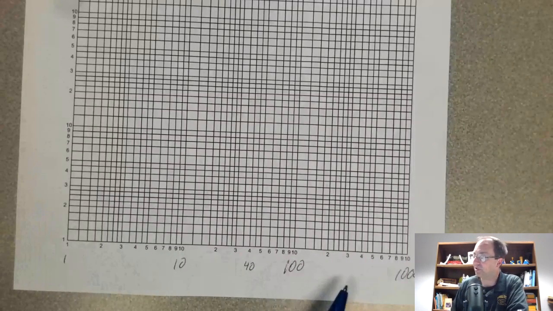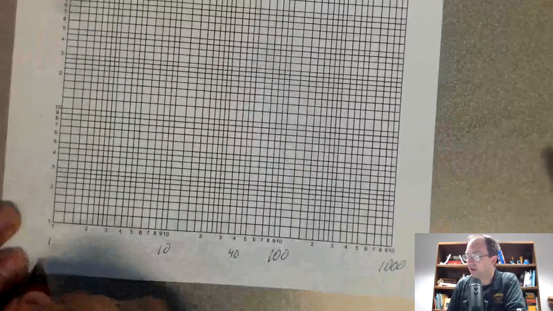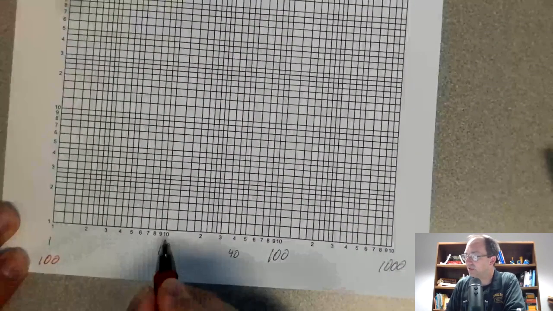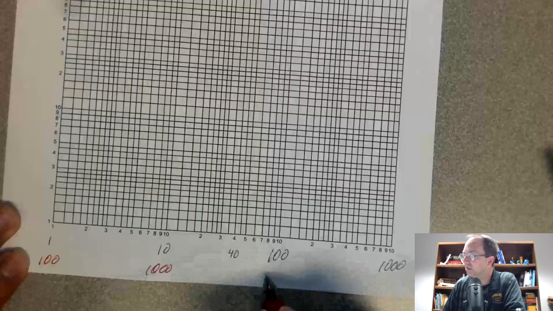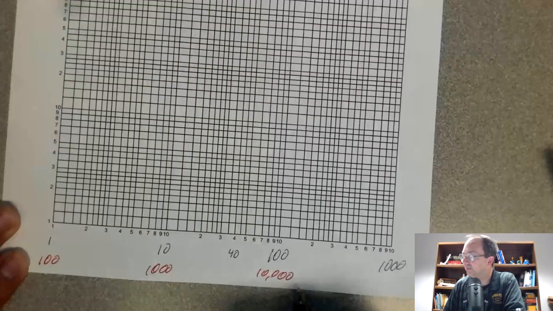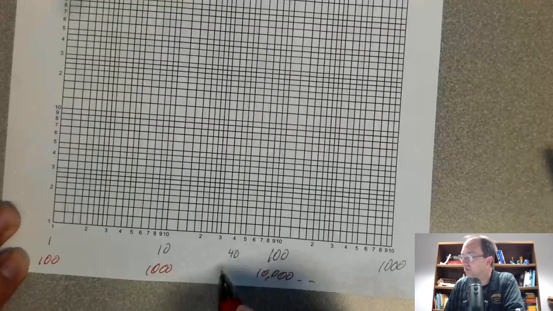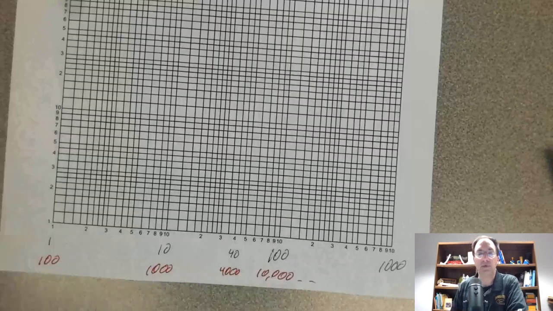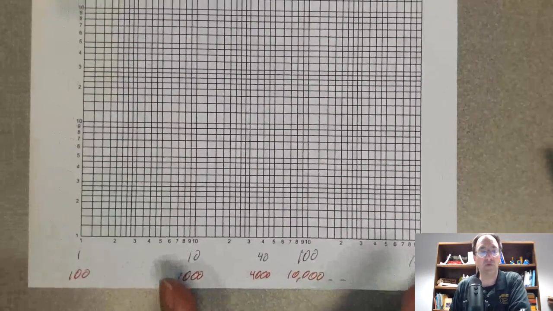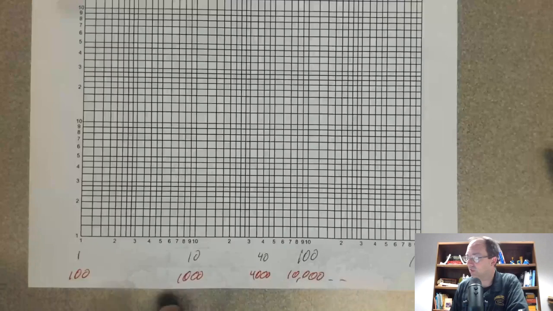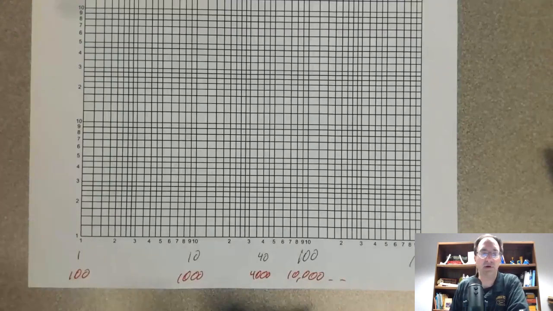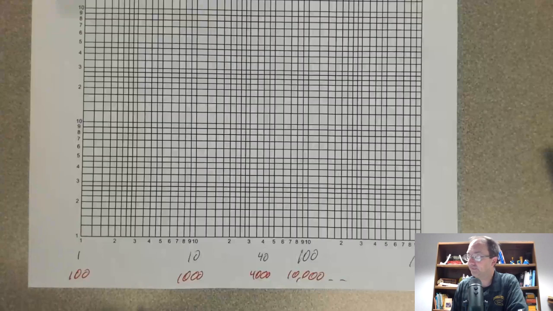And this paper is flexible enough that if I wanted a different scale, for instance, if I wanted the scale to start at 100, then this would be 1,000, this would be 10,000, and so forth. And then this 4 would actually represent 4,000. So depending on where your data lives will determine what the scale of your x-axis and y-axis will be.